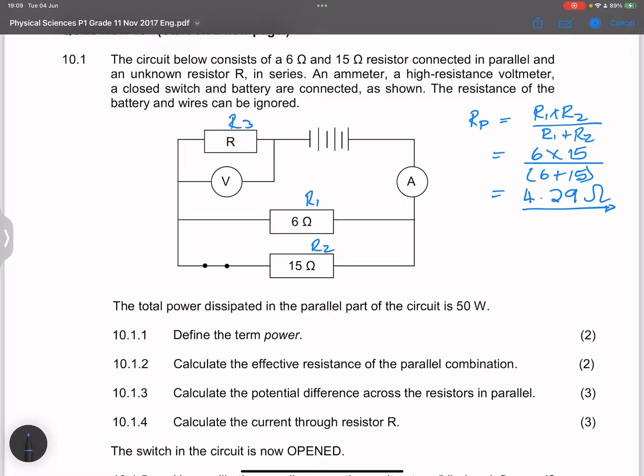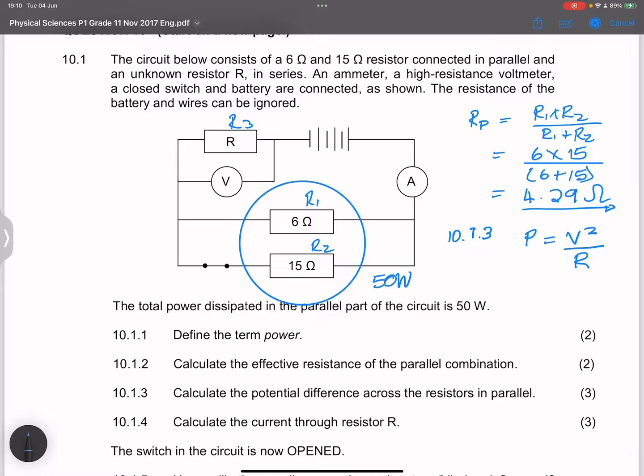Now, we know that both these resistors dissipate an amount of 50 watts of power. So for 10.1.3, I know that power is equal to, now note in this case, I'm looking for voltage and I have the resistance. So I am going to say power is V squared over R. Please remember you are given those formulae, right?